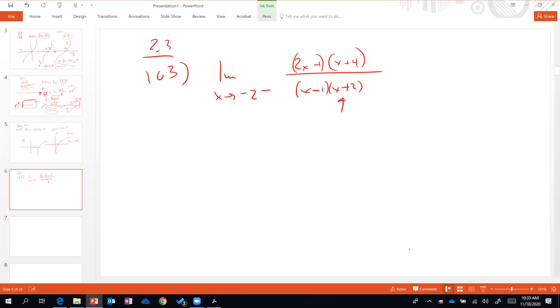I'm trying to think what law or what technique to use. I'm looking at 2.3 real quickly here: evaluate the limit in the form of k over 0. Oh yeah, it said use the method of 2.23 that I was going to use.